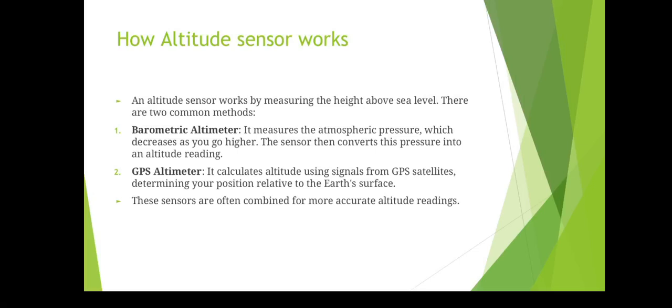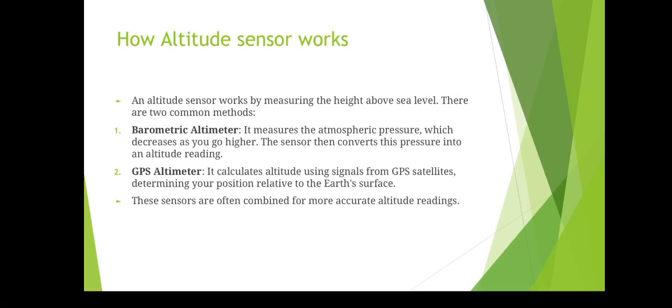Our second type is the GPS-based altimeter. It calculates altitude using signals from GPS satellites, determining your position relative to the Earth's surface. There are steps: first, satellite signals. The sensor receives signals from multiple GPS satellites, and second is triangulation.